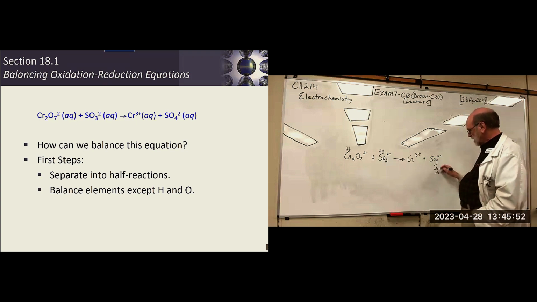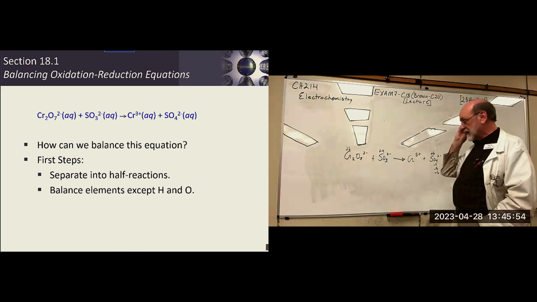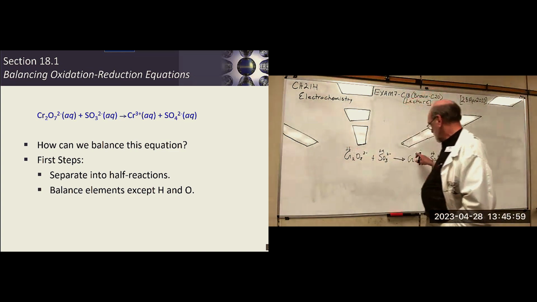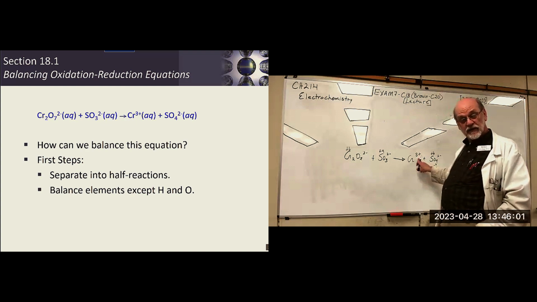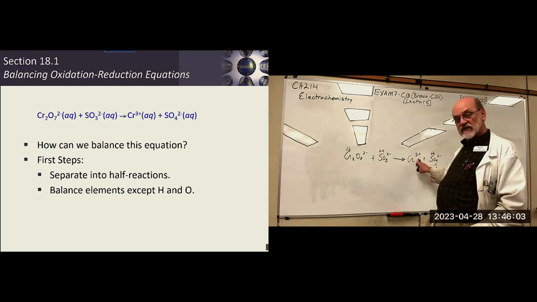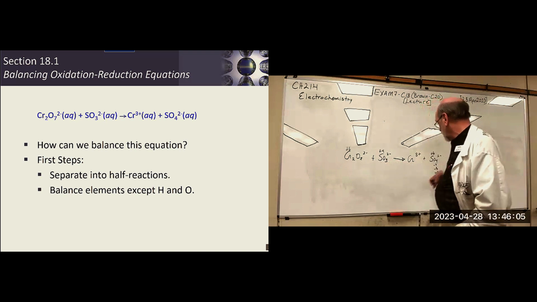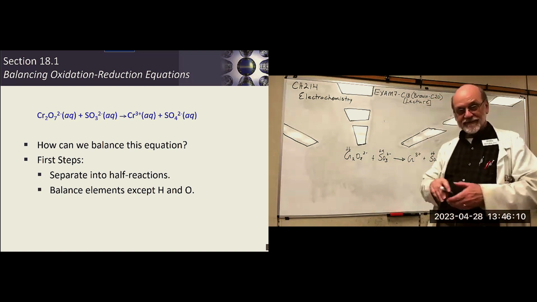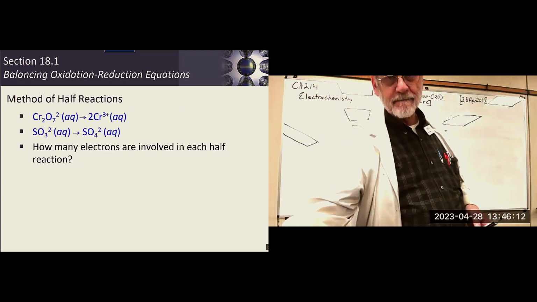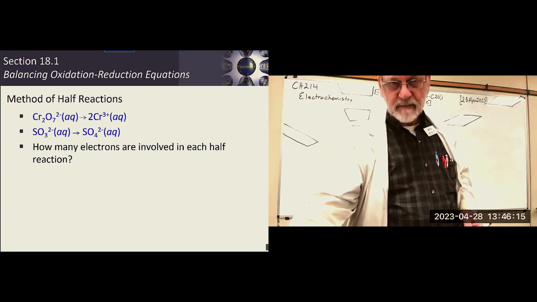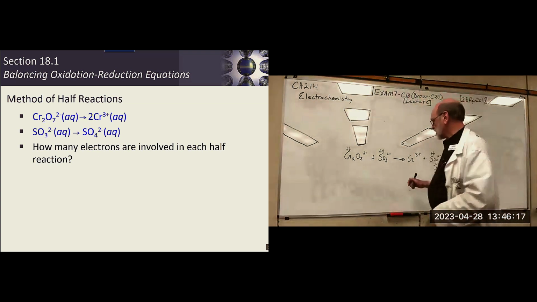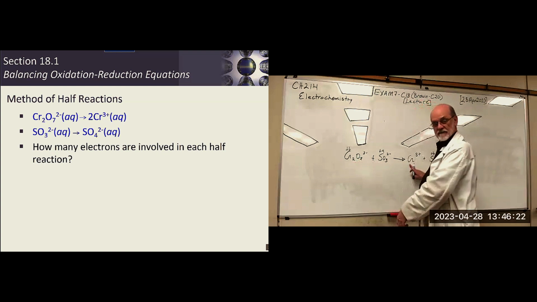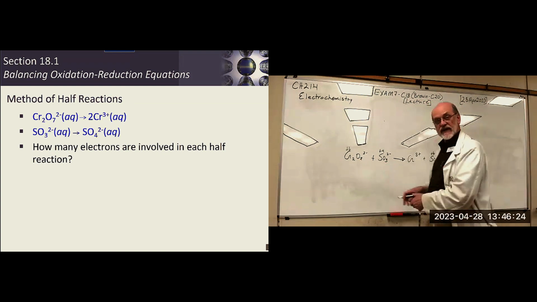Hold 2 out. This is a +6. So where's the reduction reaction? +6 to +3, we had to gain 3 electrons. That's reduction. Oxidation, +4 to +6, lost 2 electrons. Okay? So there are 2 reactions. This one is the reduction. This one is the oxidation.